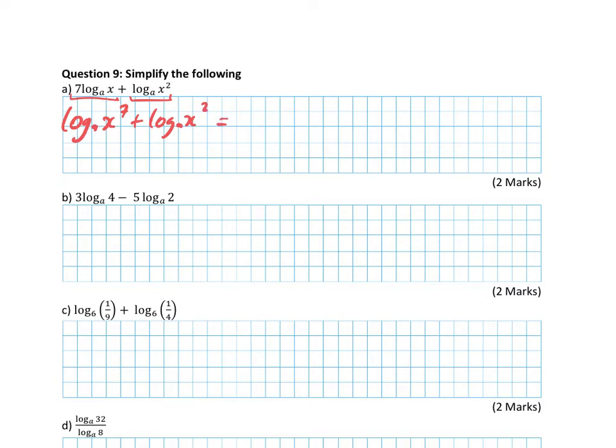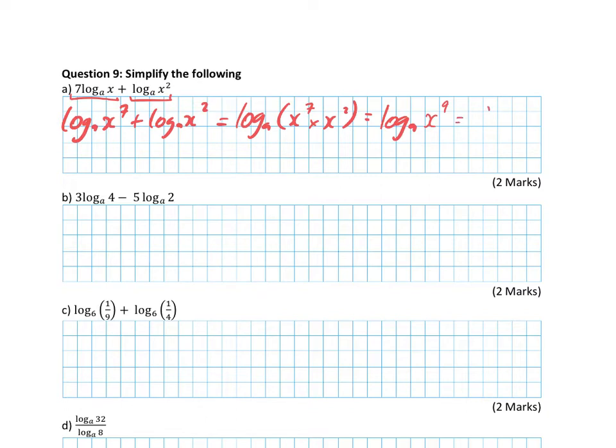Now you're adding them, so the log law tells you that you can multiply those numbers of interest, so log a x to the 7 times by x to the 2. That's going to be log in base a of, well, now let's do the index laws. Same base number, timesing, so we add the powers, so log x to the 9.